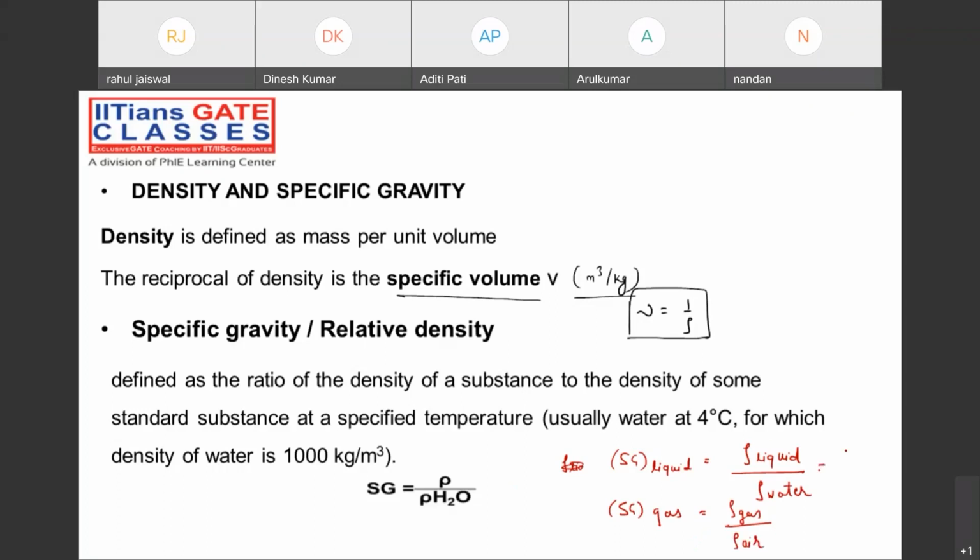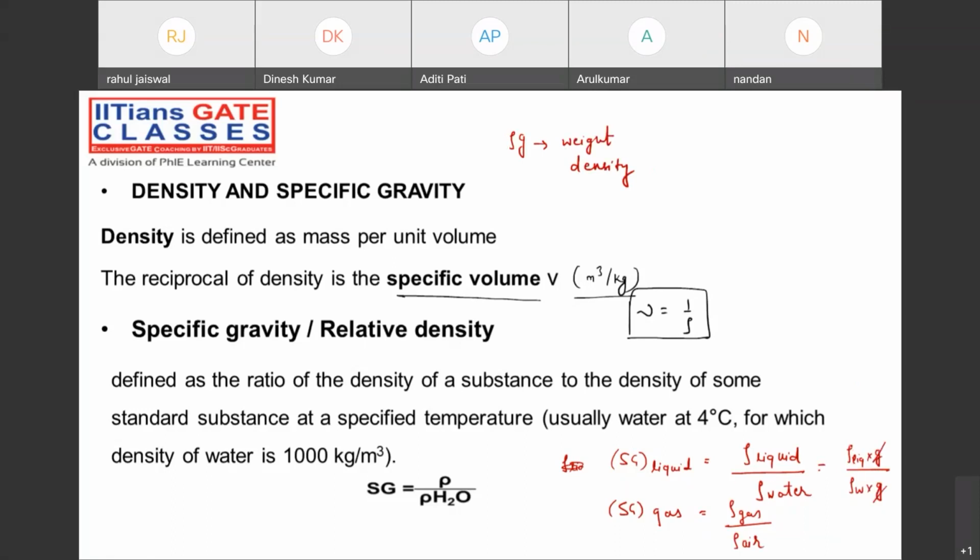Sometimes in some textbooks you will find rho of the liquid into g divided by rho of water into g. That rho into g, this particular term we define as weight density. And of course, g will cancel out.